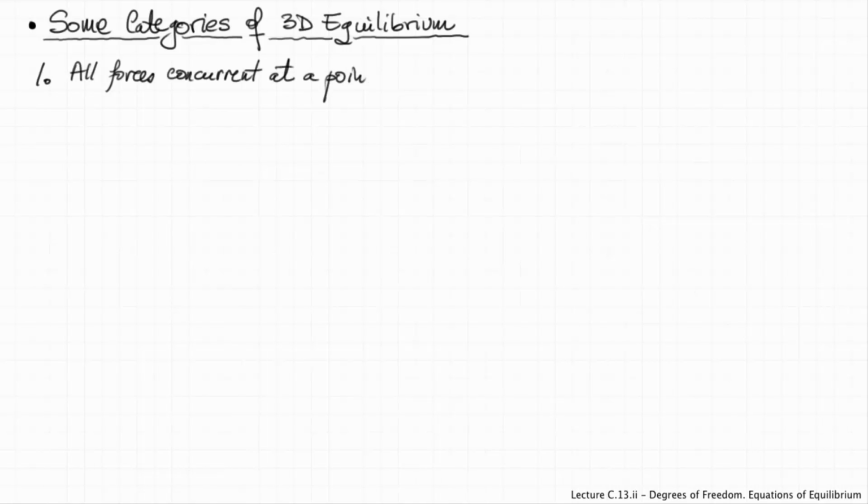Now for 3-dimensional equilibrium, I would like to discuss a few particular cases. And the first case that I would like to point out is when all the forces that act are concurrent at a point. So even if the forces act on a body, the forces intersect all at a single point. So it may look something like this. All the forces intersect at this point.